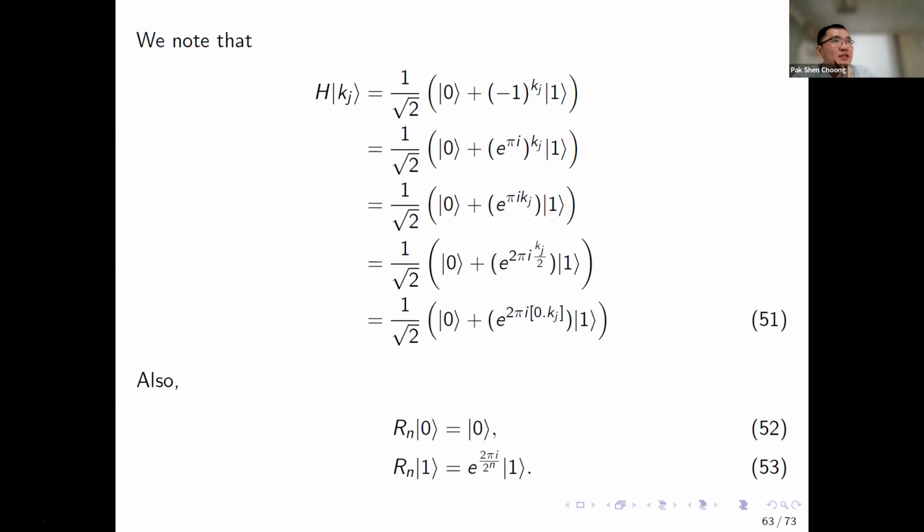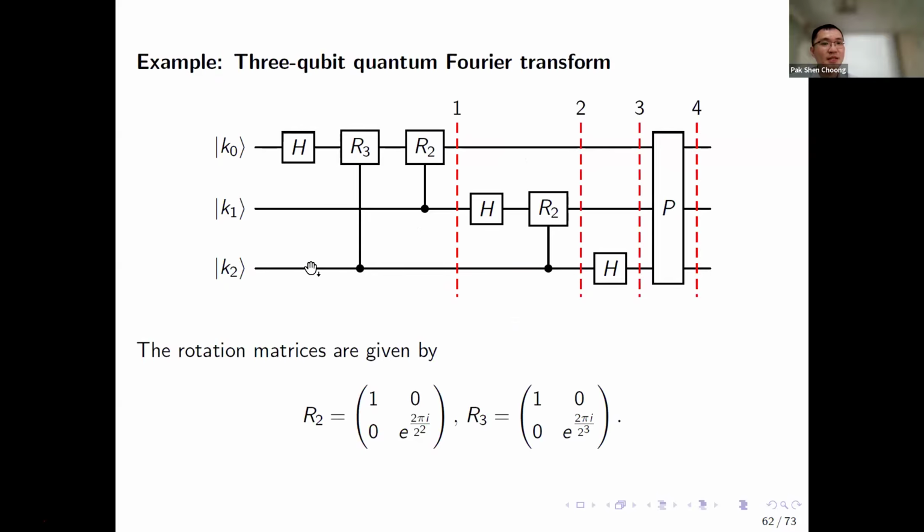Remember the binary representation from just now, that will be 0.Kj in binary representation form. Is that okay? So this is the first step where you apply the Hadamard gate on the first qubit.